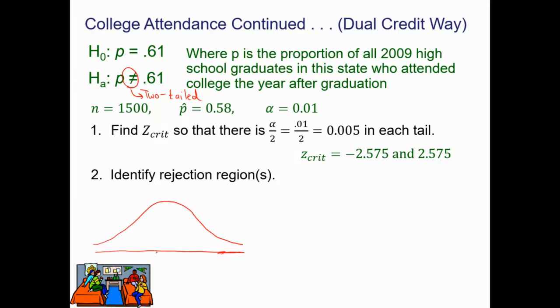So here's our normal curve, here's our true P right here. Now, our Z critical, let's say this is our upper end. Here's the lower end. If I want to be in these two tails, and we found negative Z and positive Z, that's what we just found. How can I write an inequality that says I want to be in these two tails?